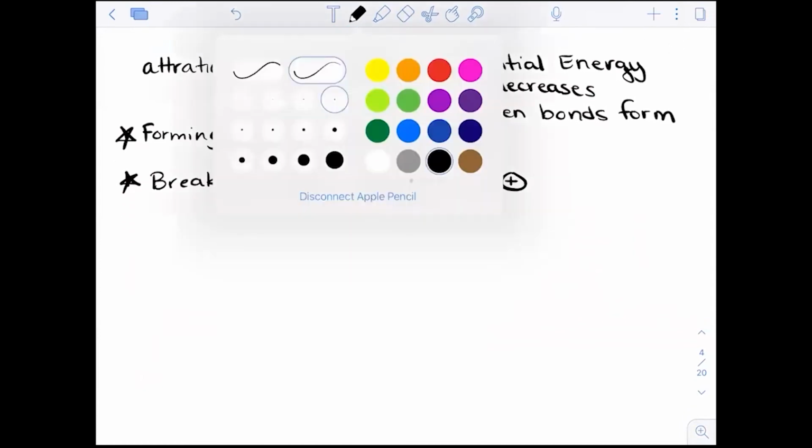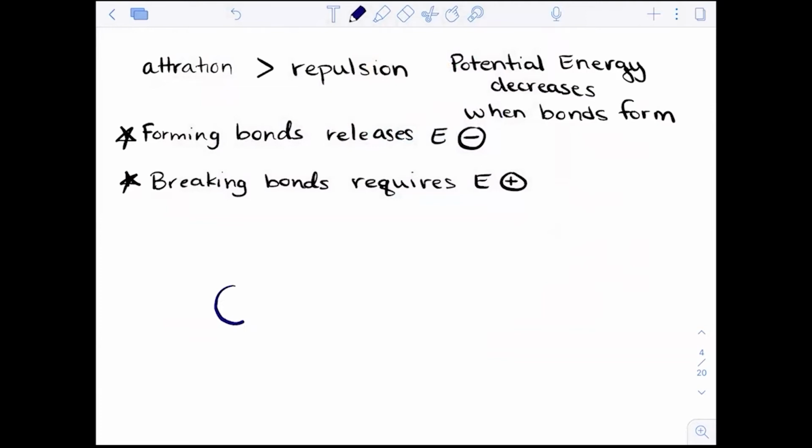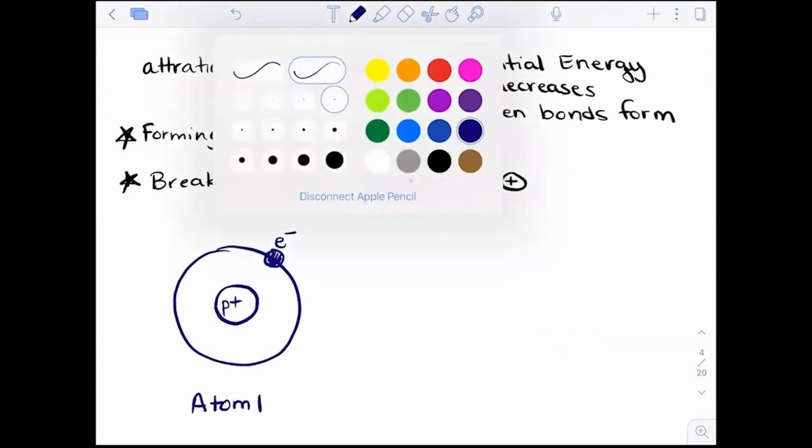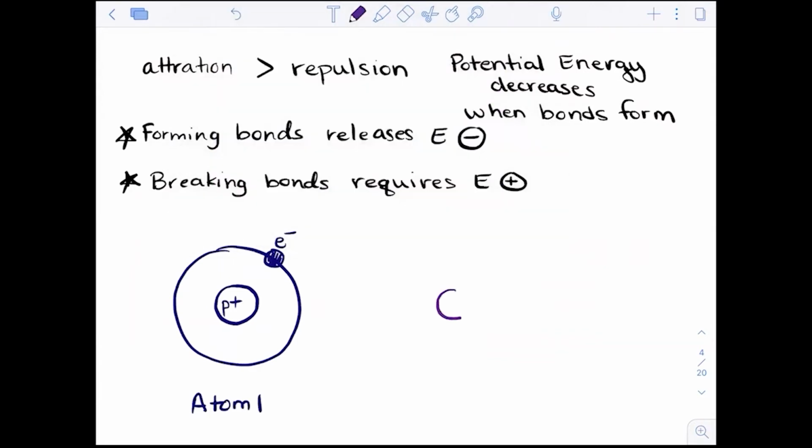Well, let's just say that I had atom A over here. Here's his nucleus. He's got some positively charged things, and he has an electron in an outer orbital. We'll call this atom 1. On the other side, we'll have atom 2 with some protons in its nucleus and an electron in its outer orbital.